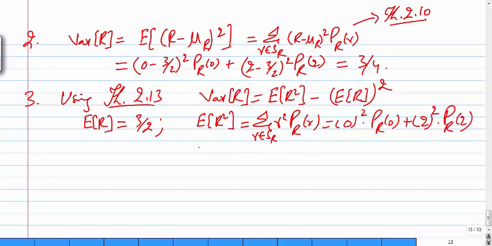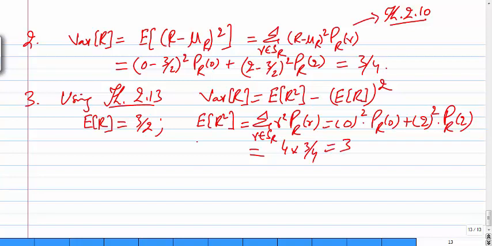It becomes 0 plus 4 times, since P R of 2 is 3 by 4, 4 times 3 by 4, so it becomes 3.